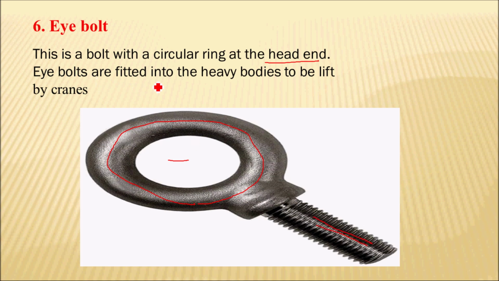Eye bolts are generally fitted into heavy bodies to be lifted by cranes. We generally see eye bolts in machine shops where dies, which are heavy loaded, can be easily lifted by this eye bolt with the help of a crane.